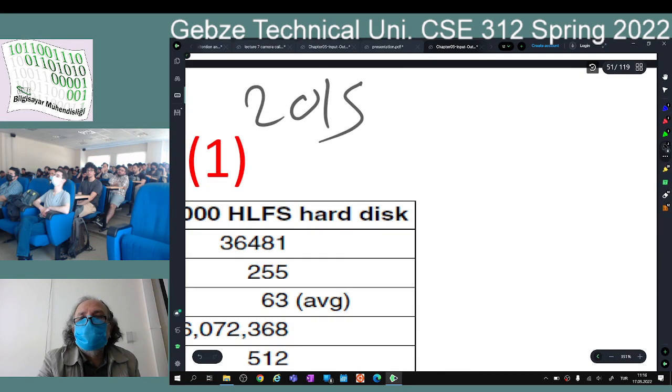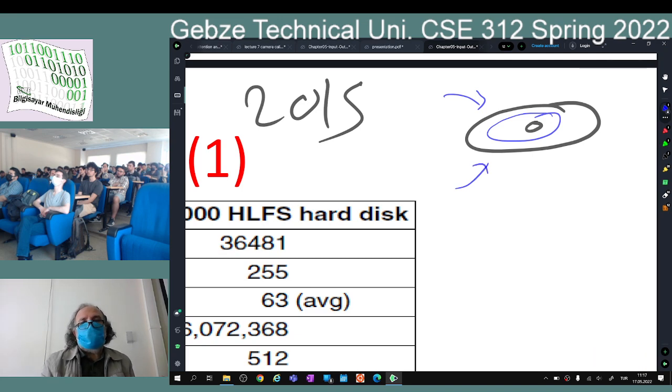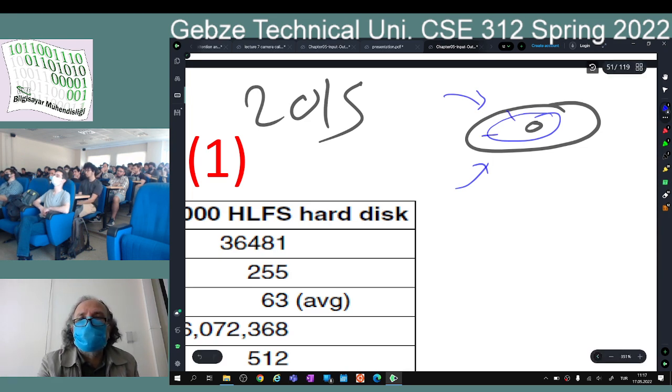This is my floppy disk, and these are my tracks. There is one upper track, this is the up part, and this is the down part of it. Just 2 tracks per cylinder, and each track is divided into 9 sectors, like this: 1, 2, 3, 4, 5, 6, 7, 8.